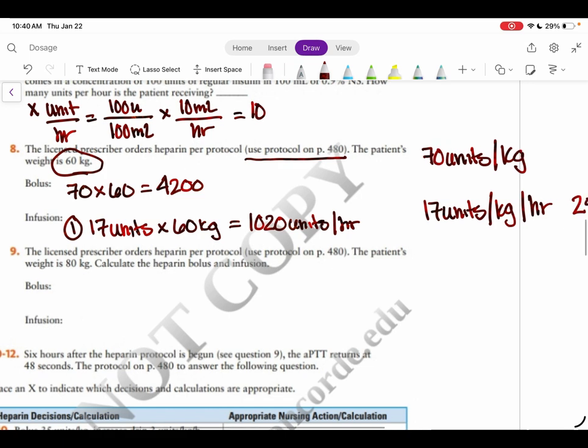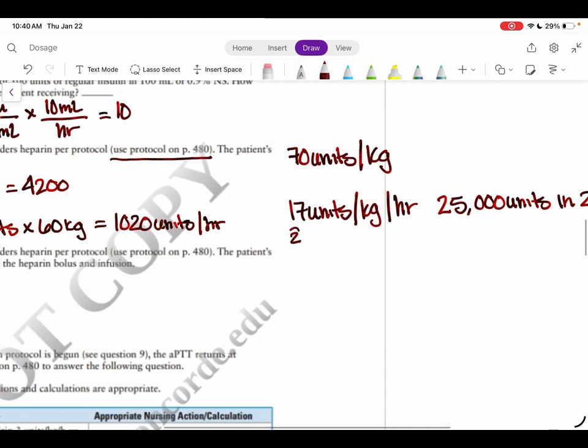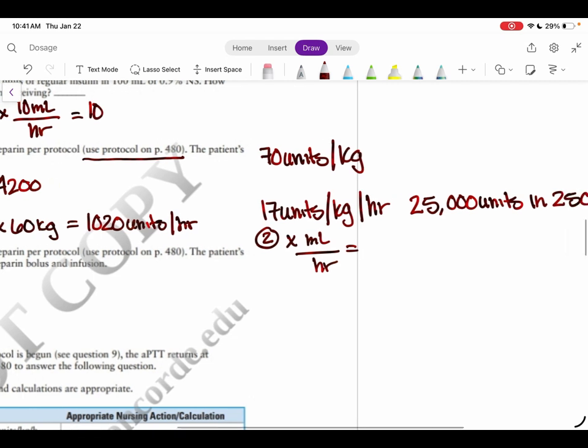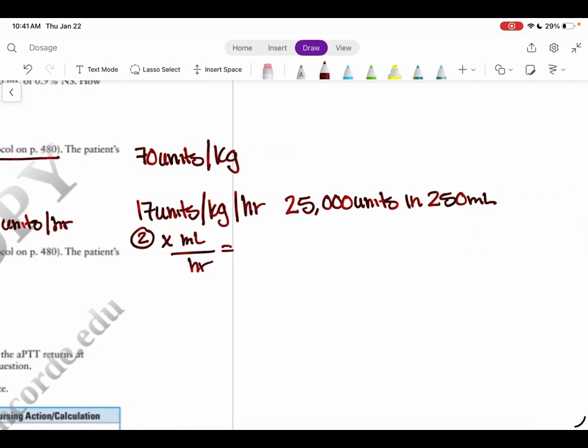Then for part 2, because I can't program my pump to be units per hour, I have to make it milliliters per hour. So in milliliters per hour, as we have been doing, I'm going to set it up X mL per hour. I have my order right here. I have a bag that is 250 milliliters, and there's 25,000 units.